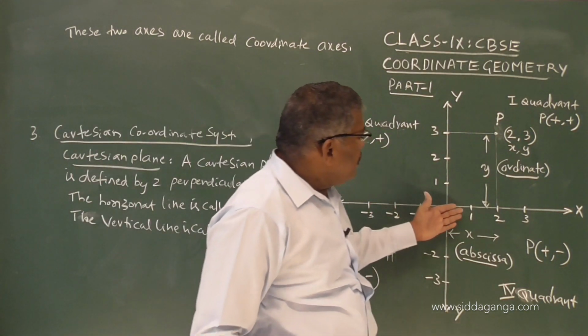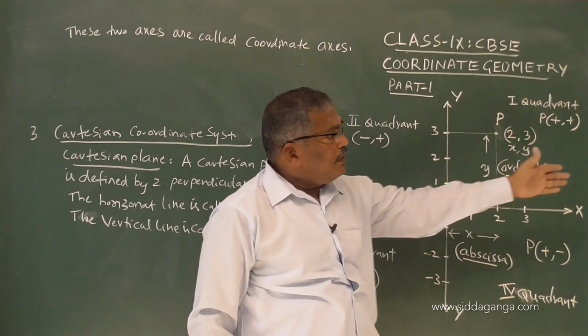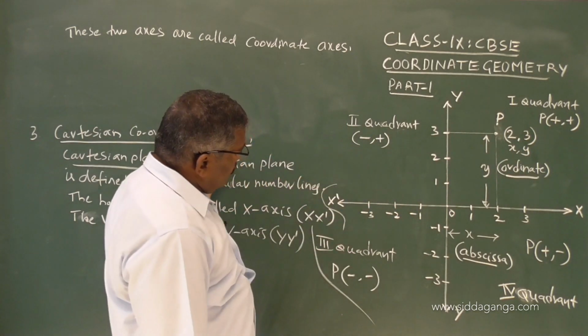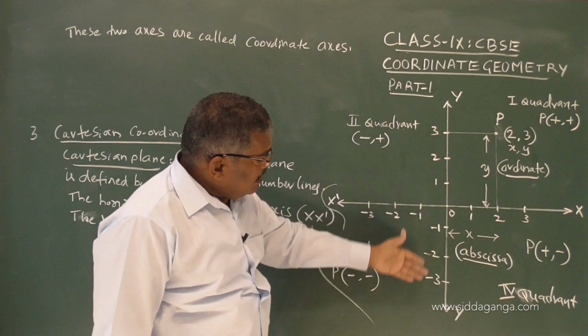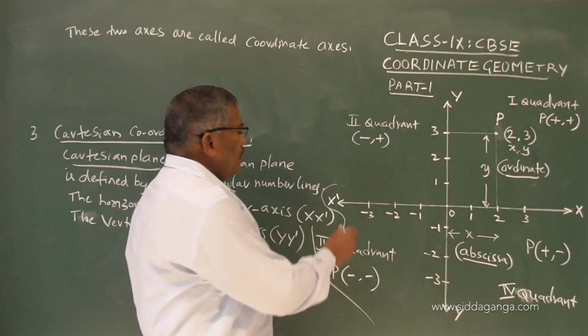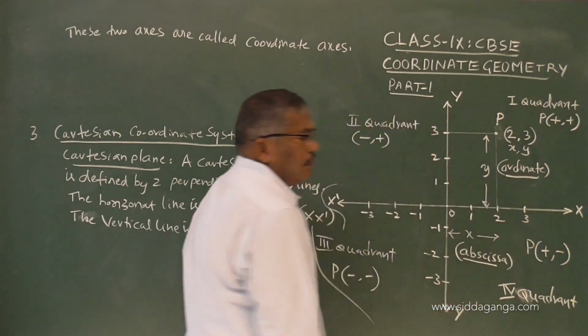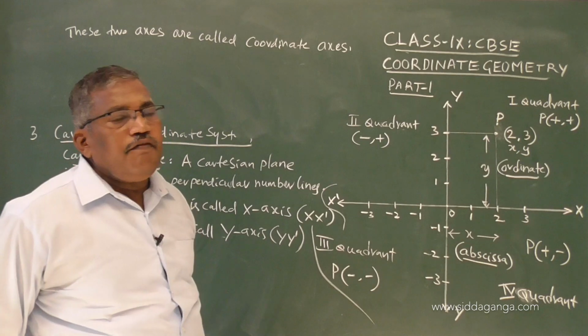Now, see, this is 3, 4, 5, 6, 7. It will continue like this in this direction. In the negative direction, this will also continue. Upward also it continues. Downward also you can continue. You can see these 4 arrows, 1, 2, 3, 4. That means this plane extends indefinitely.